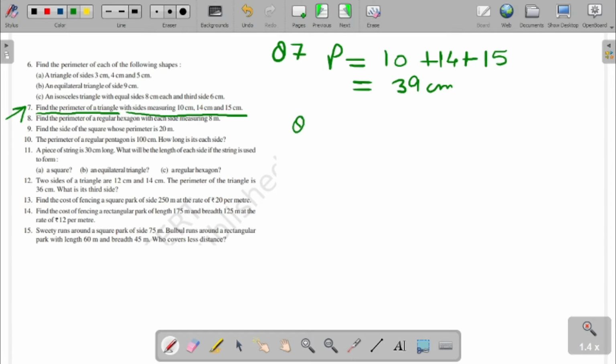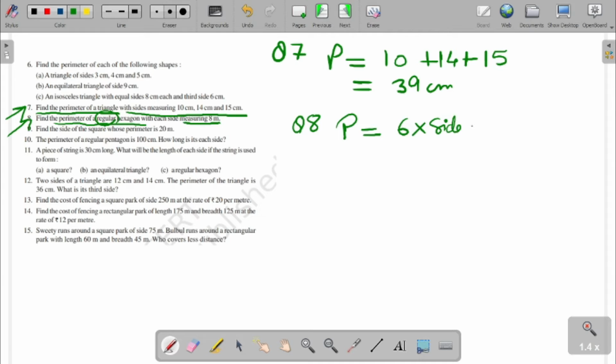Then we move to question number 8. Here you can see in question number 8, perimeter of a regular hexagon. Regular means all sides are equal. Hexagon means 6 sides and each side is 8. So perimeter in case of a regular hexagon will be 6 into side.